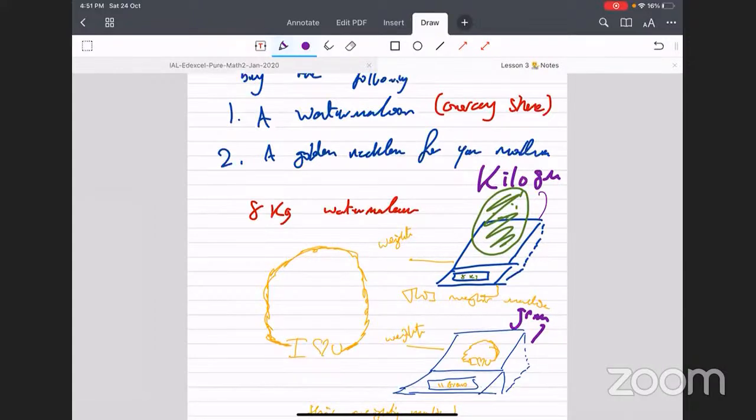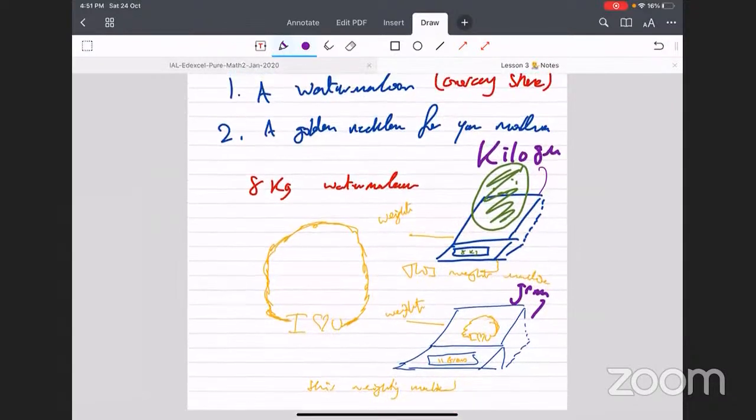So with the kilogram, we don't need to measure the watermelon and know how many grams exactly it has. We just need to know the kilograms. It's just 8 kilograms, 7 kilograms, 9 kilograms. But when it comes to the golden necklace, I need to accurately know the weight of the necklace because each gram will cost a lot of money.